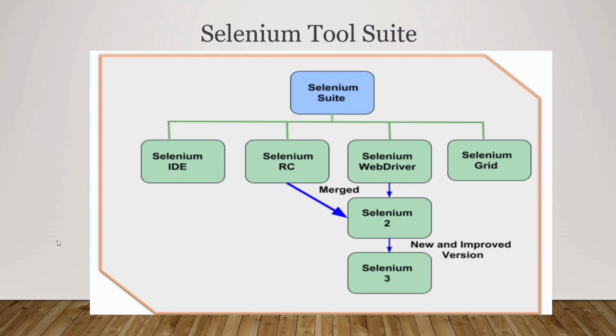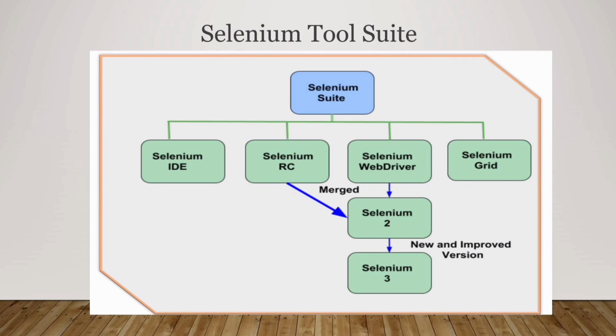Now moving to Selenium tool suite. So the Selenium suite comprises four components: Selenium IDE, Selenium RC, Selenium WebDriver, and Selenium Grid. RC means remote control. Now Selenium RC and Selenium WebDriver were merged in Selenium 2, and the upgraded version came with Selenium 3.